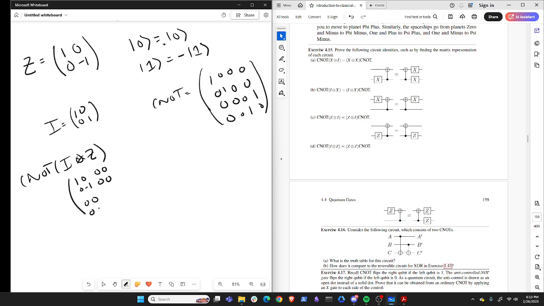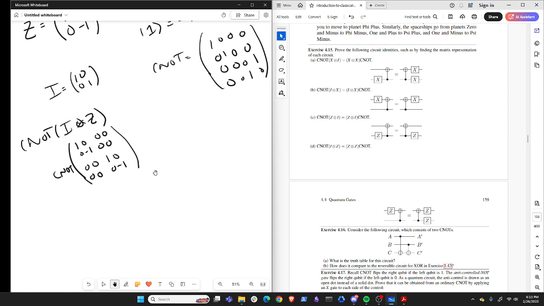Similarly here, and then here, we would have, again, 1, 0, 0, negative 1. So we're going to apply the C0 to this. We're going to use this matrix. So a little bit involved here.